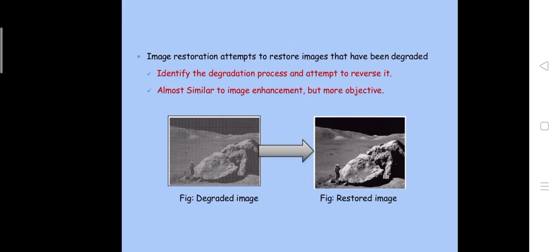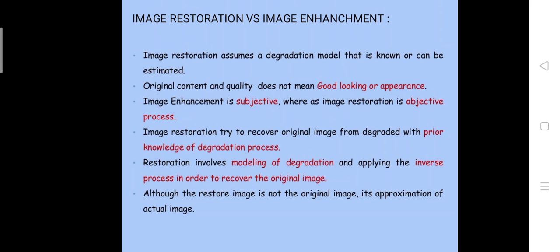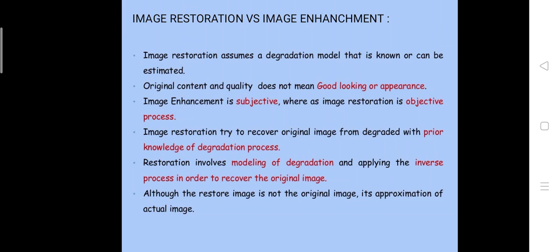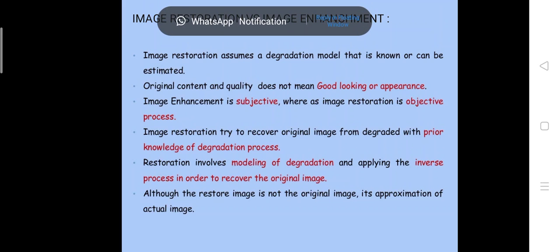It is almost similar to image enhancement, but more objective. So we will see here what image restoration is versus what image enhancement is. Image restoration assumes a degradation model that is known or can be estimated. Original content and quality does not mean good-looking appearance.